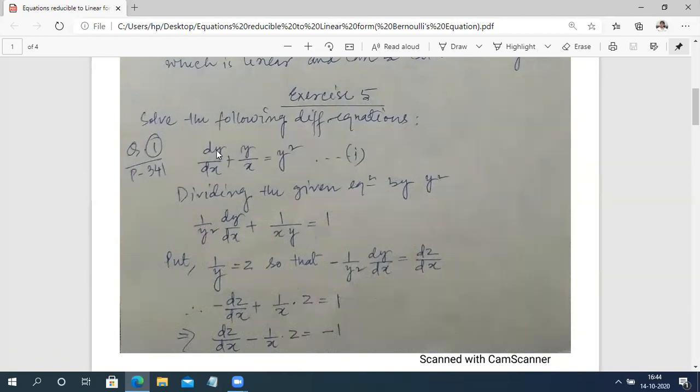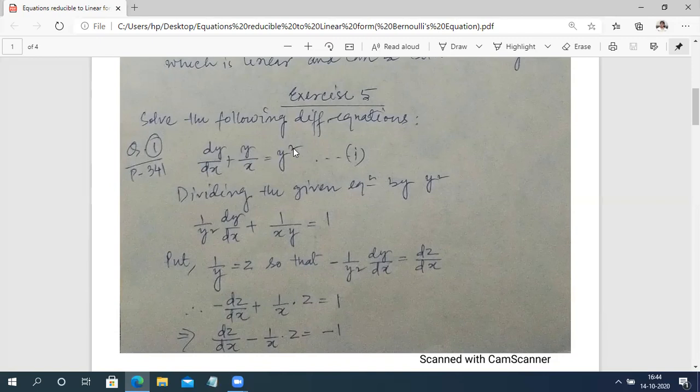Clear? So this is dy/dx plus P into y, where P is 1/x, is equal to Q, which is here a constant, and it is multiplied by y², that means Q into y to the power n, where n is 2.